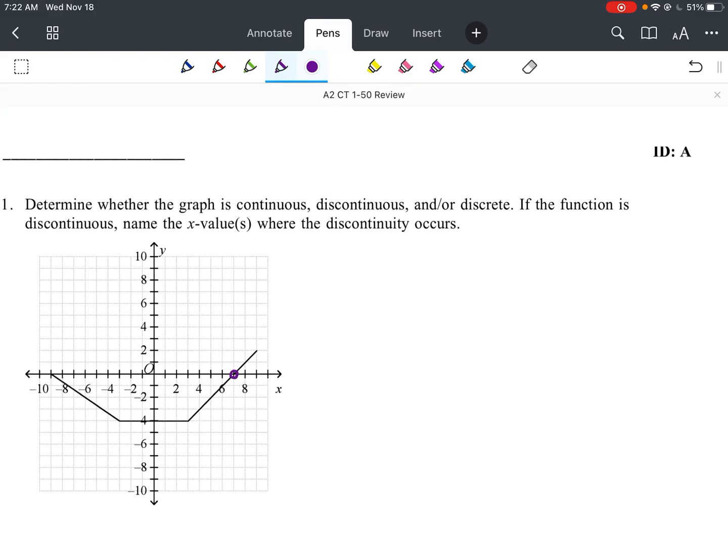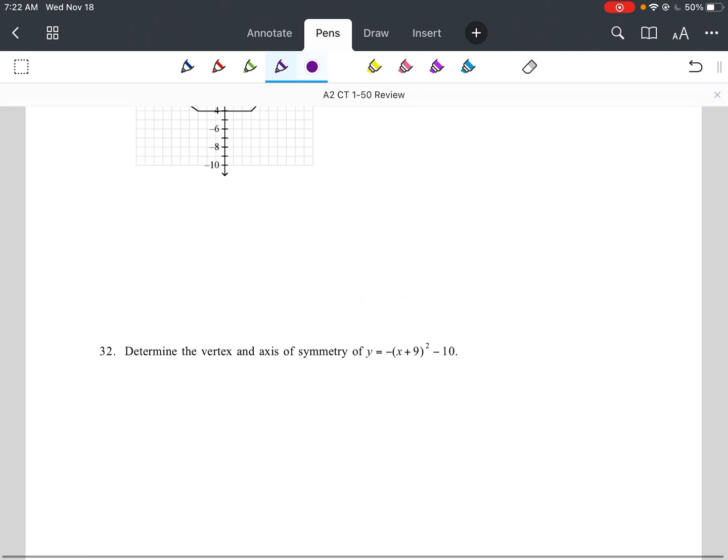It is discontinuous, and you say it has a point of discontinuity at 7, because that's right there. Okay, good stuff. Let's keep it rolling.